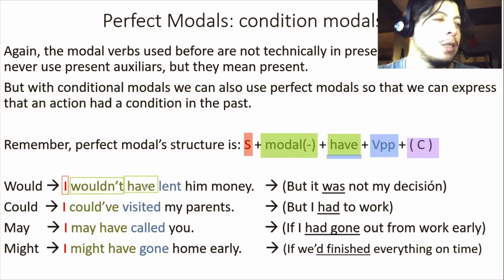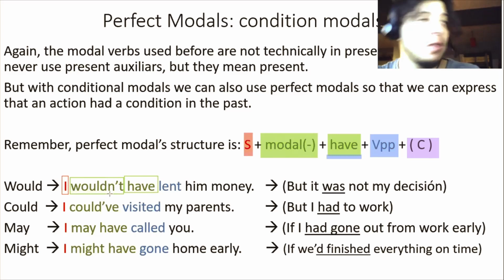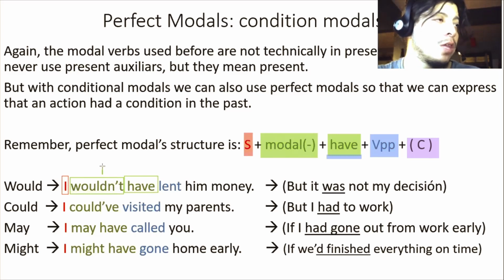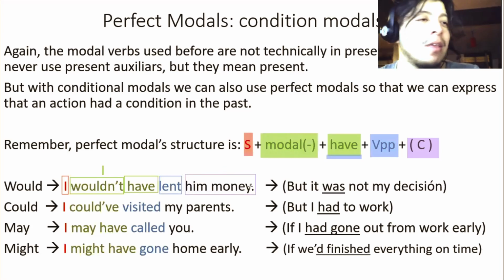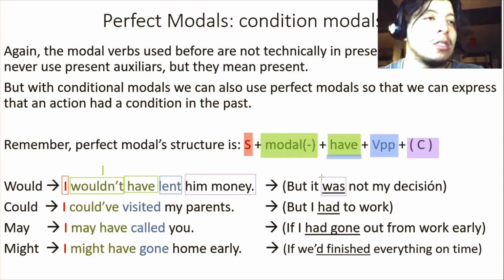Have is always in the base form. Only the first part takes the negative. Only would takes the negative. I wouldn't have, and then the verb is in the past participle. Lent in the past participle is lent. And then the extra information is him money. I wouldn't have lent him money, but it wasn't my decision.